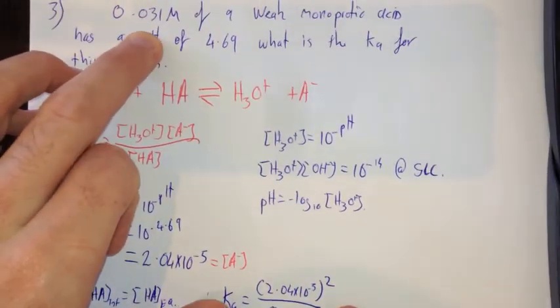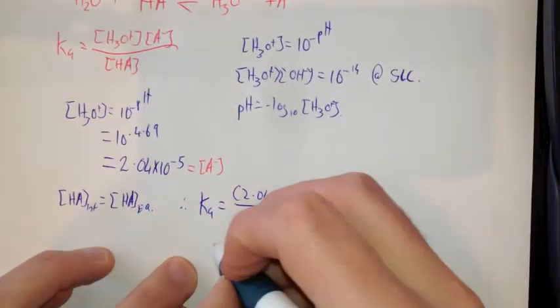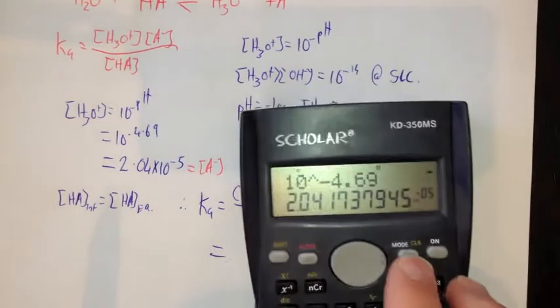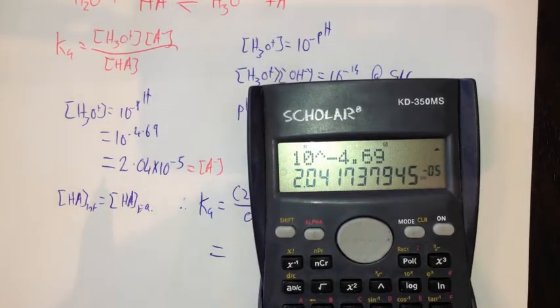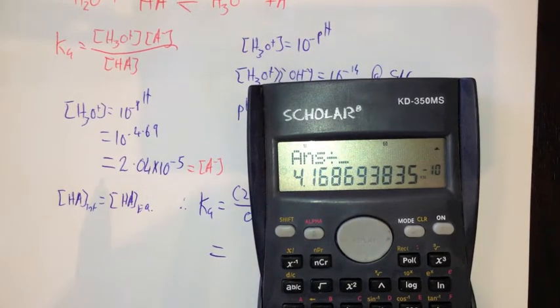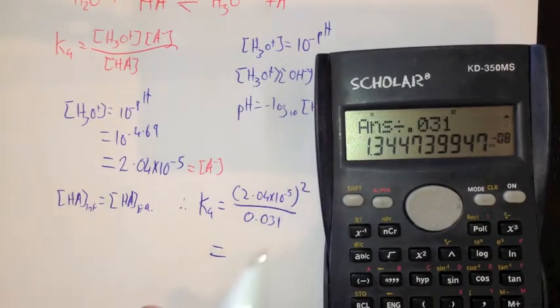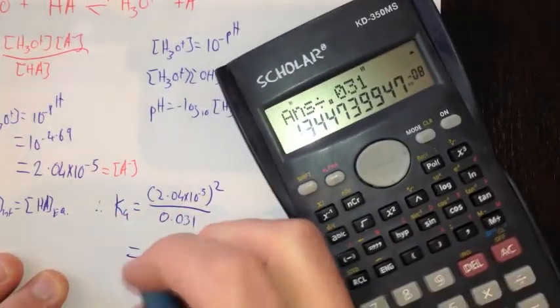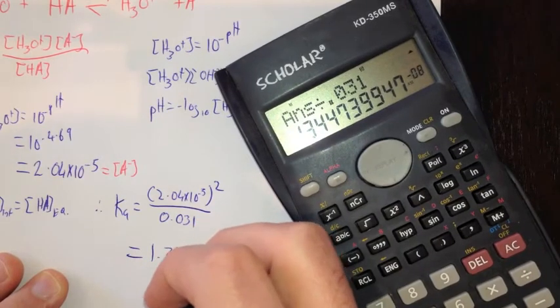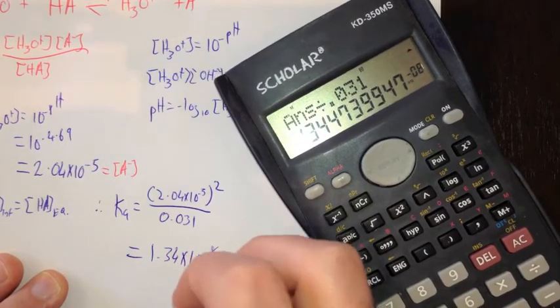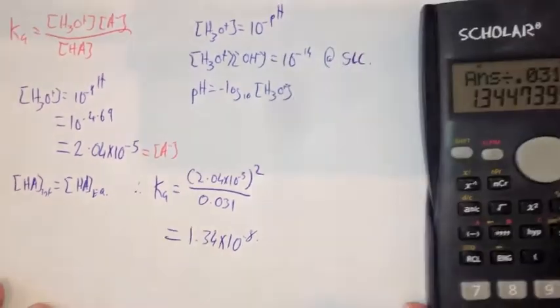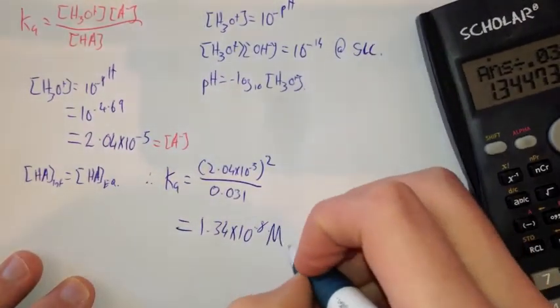So on my calculator, I square that, divided by 0.031, equals a very small number, 1.34 times 10 to the power of negative 8. It's a very small number, and that is in molar.